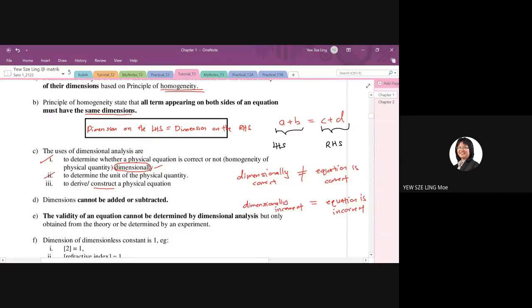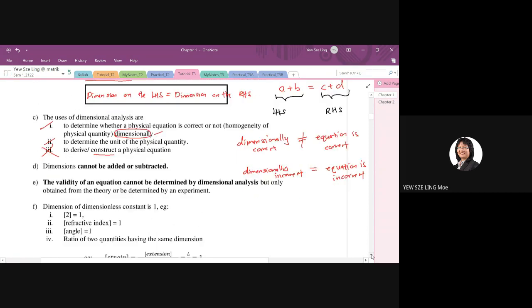It was in your syllabus, but now it's no longer in your syllabus, so we are not going to look at it. You just have to know the existence of this function. You don't have to know how to construct an equation based on a given situation.